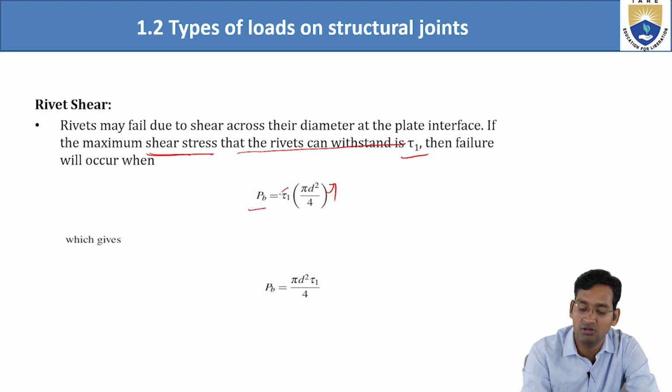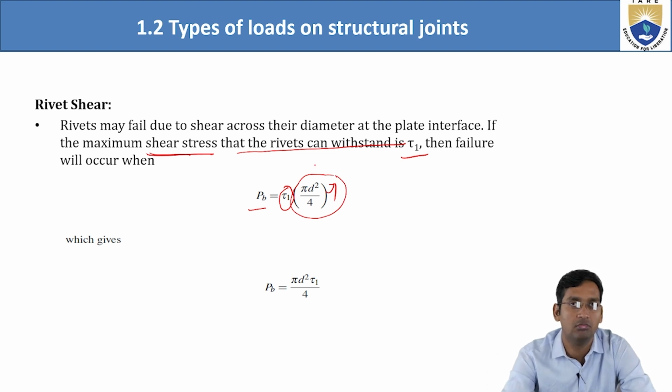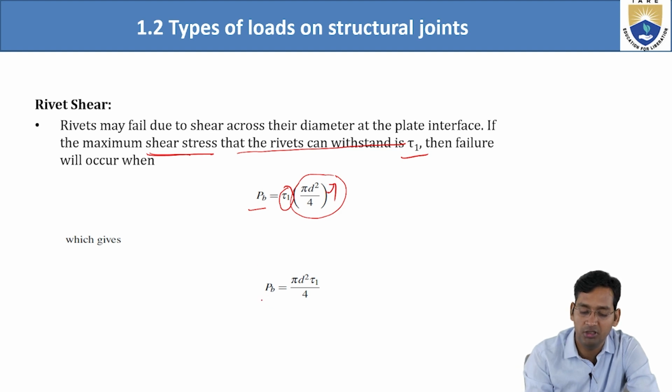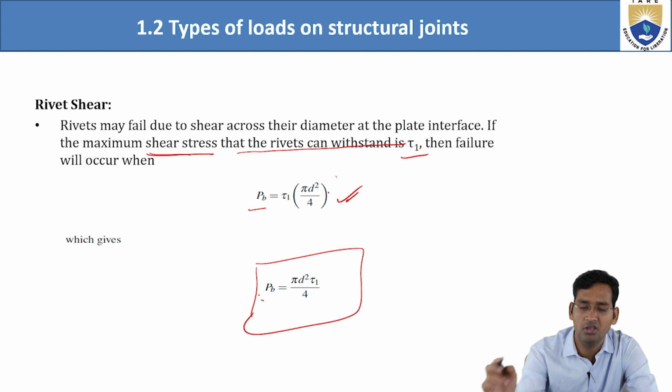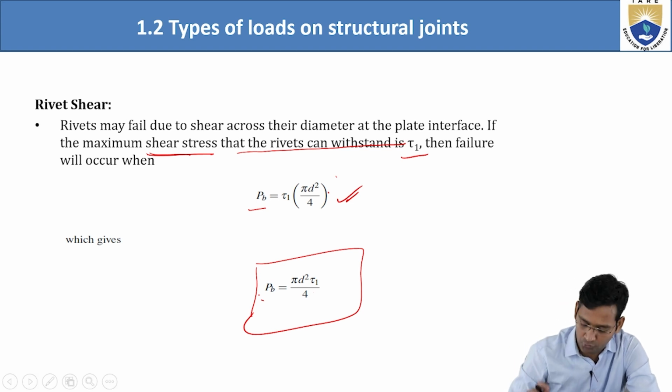This is the maximum it can stand, and if we multiply by something more than 1, because pi is already 3.14 and d square is there, so based on the diameter, definitely some value, if this value is more than 1, then failure will occur. So from here what do we get? PB equals pi d square tau 1 by 4, just a simplified form of this one.